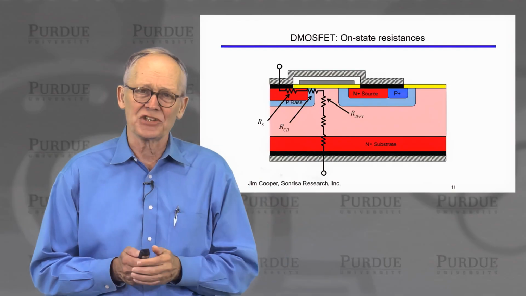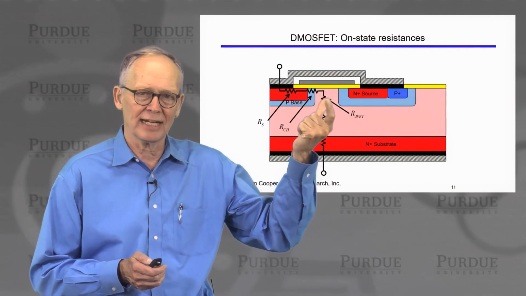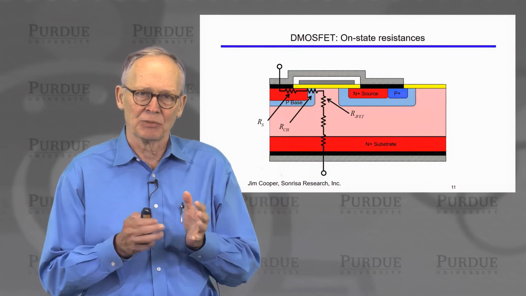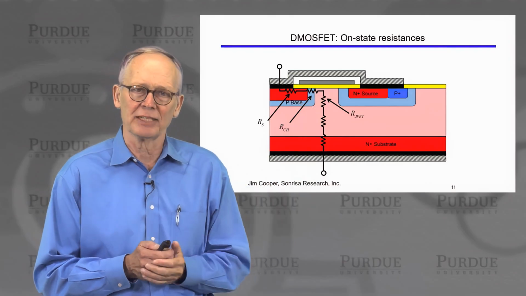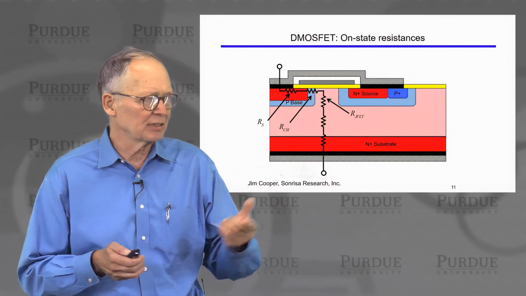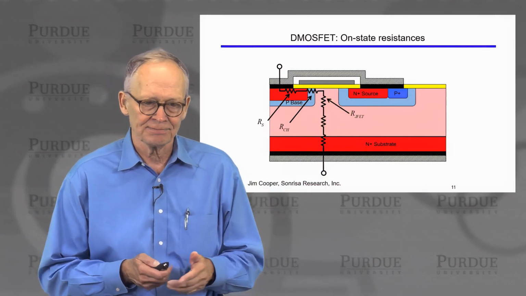There is something called a JFET resistance. Now, a JFET, this narrow N region on the top, this is a PN junction. There will be a depletion region around that PN junction so that the current can only flow in the undepleted part of that. That's the way a junction field effect transistor works. So this part of the resistance is called a JFET resistance.